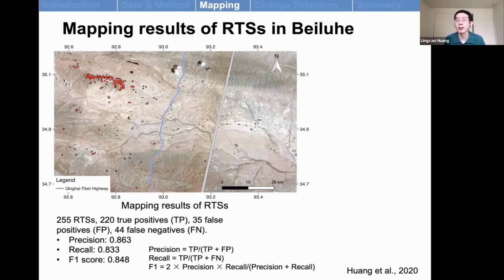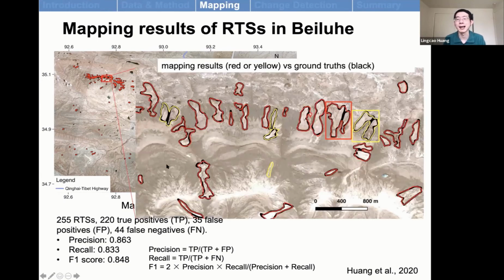But it also misidentified some similar landforms that are actually not slumps, a few of them, and it also missed some of them. This is called a false negative. And this is the F1 score, a score to evaluate the mapping result. Compared to similar studies, this is quite a high accuracy.